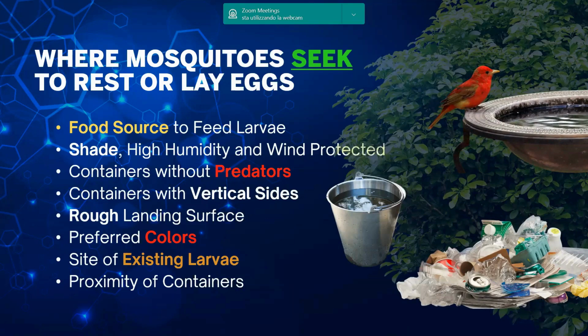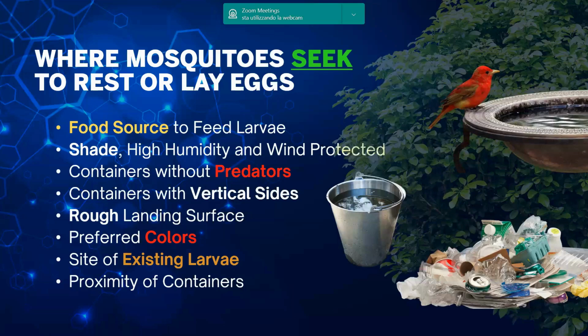They like to lay eggs in a place that is in the shade, that provides high humidity and protection from the wind, that contains no predators like fish, that has vertical sides because they like to glue their eggs on the side just above the water level or on the water, depending on the species. They need to have a rough landing surface because they need a grip, for their legs, but also for them to lay their eggs.